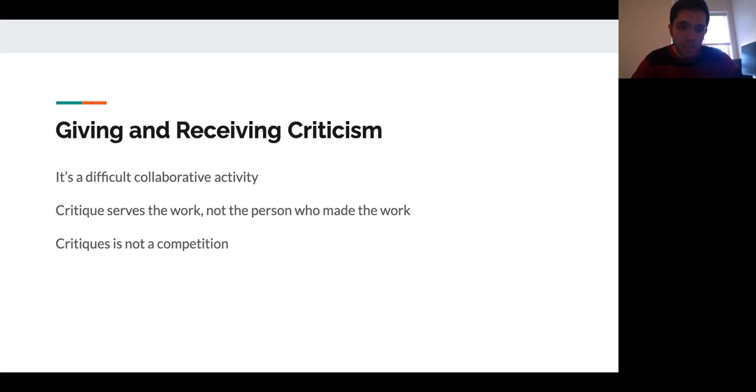In order to effectively deliver criticism, critique is essentially to serve the work and not the person who made the work. This statement is here to reassure, as we said earlier, that designers must be vulnerable and expose themselves to criticism, and not take it brutally, and not assume there is a negative intent or connotation by those giving criticism.